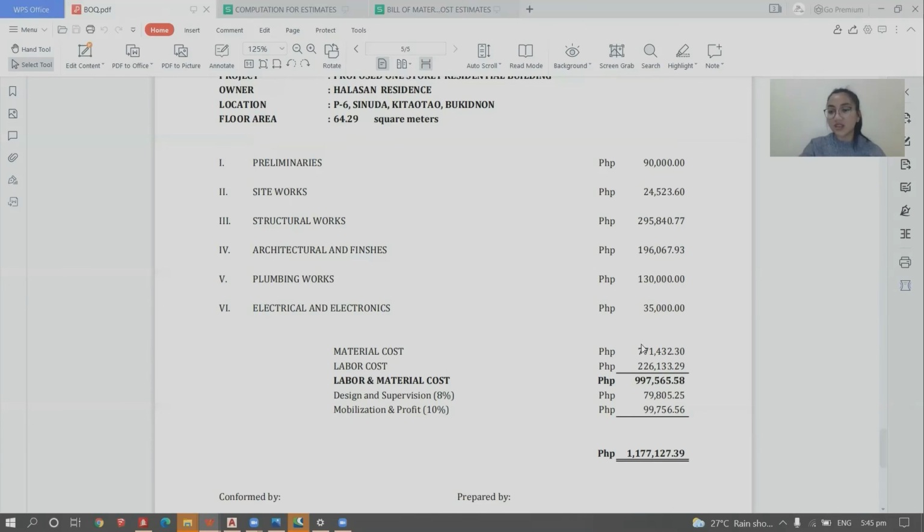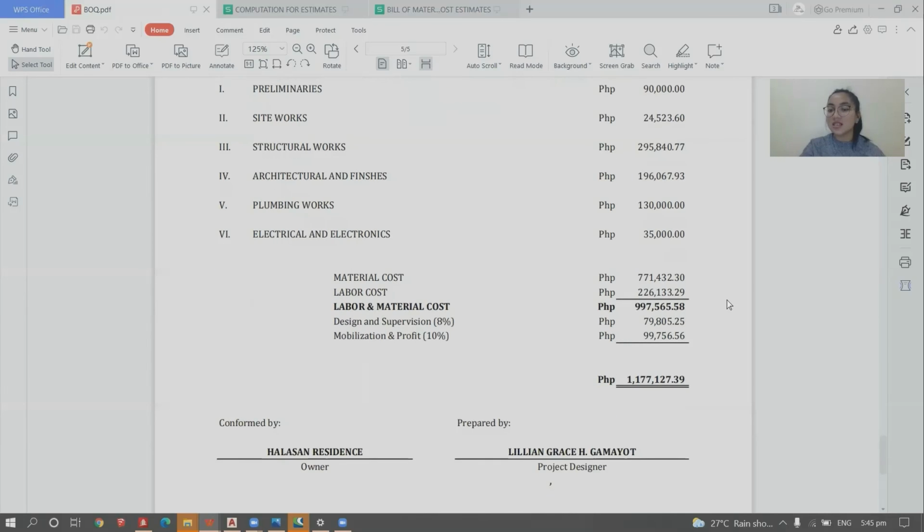So for material cost, the overall cost is 771,432.30 plus labor cost of 226,133.29, equals 997,565.58.